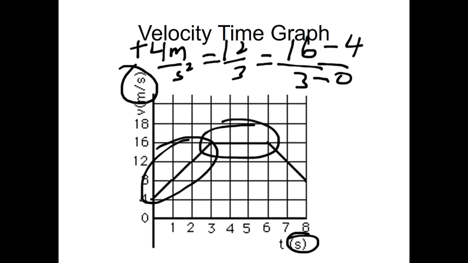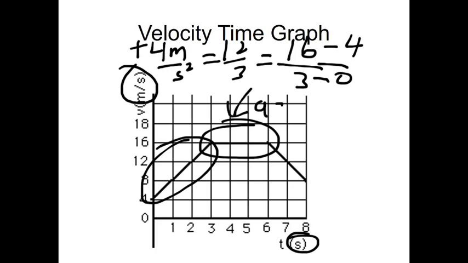Now we look at this section of the graph. Let's say that we wanted to know the average acceleration between 3 seconds and 6 seconds. Well, we have a horizontal line. You guys know that the slope of a horizontal line is 0. So this object has 0 acceleration because the slope of a line on a velocity time graph is equal to average acceleration.